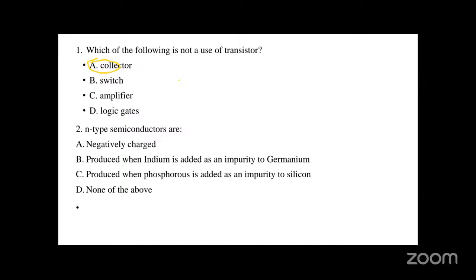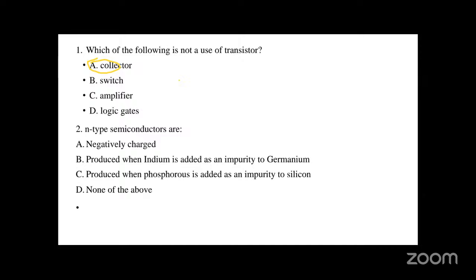So if 3 electrons are provided, that would be 7, so there will still be 1 space left. So it will not give you N-type, rather it will give you a P-type.